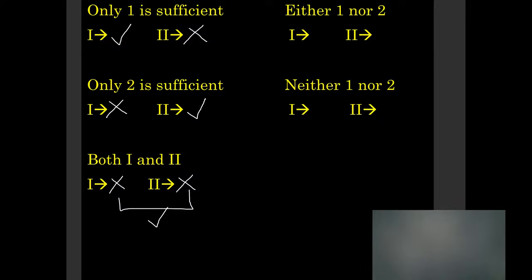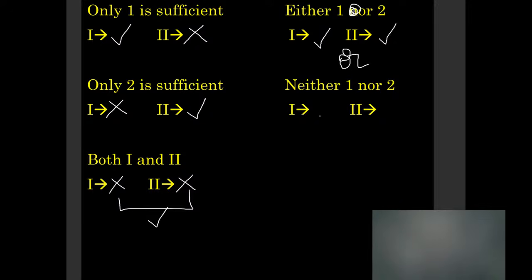Next, either one or two. Either one or two means from the first statement we are getting the answer, from the second statement also we are getting the answer. That means you can pick any one of the statements. So in this scenario, it is an 'or' situation, and you can take either one or two as the correct answer.